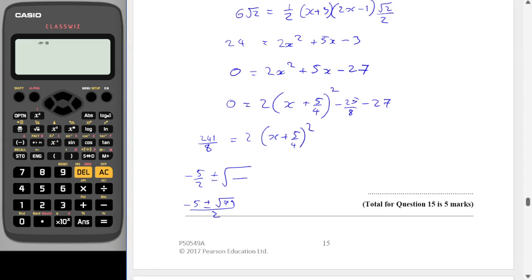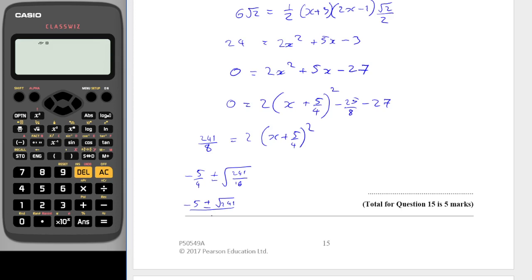So this would have been, let me just change a few things here and here. That should have been over 4. And this was 241 over 8. Not over 8, because we're dividing through by 2, so that would be 16.